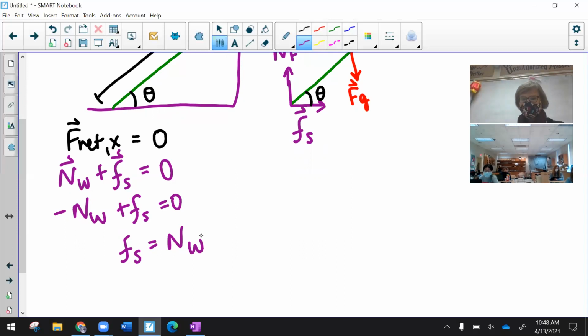I could push on the table with a tiny little force and nothing happens, and I could really push on the table and nothing happens. So what is mu s N equal to? The maximum static friction force, okay? And I haven't written it that way yet. We've just written that it's the static friction force. I keep forgetting to put this in.